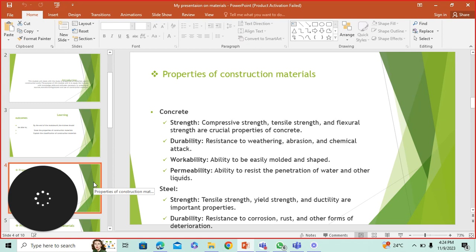If I may ask Zwena, what is steel? Okay, wait a minute. Marcela, are you having problems with your gadget? Okay, you are in class. Are you seeing my screen? Can you read for me the property of steel?